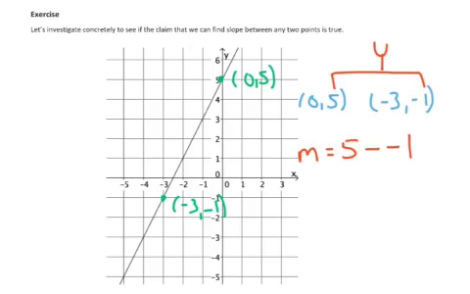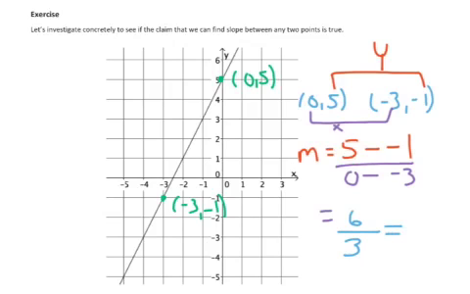Because this is a -1, you have to include that and the minus sign. Make sure you do that. If I subtract my x values, I would have 0 minus -3. 5 minus -1 would give me a 6. 0 minus -3 gives me 3, and if I divide those, I would get a +2.